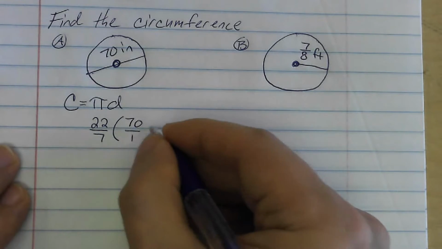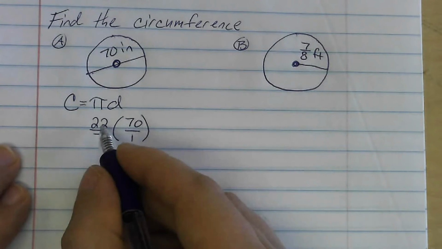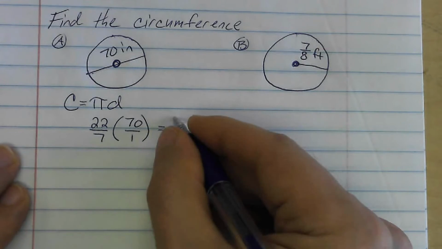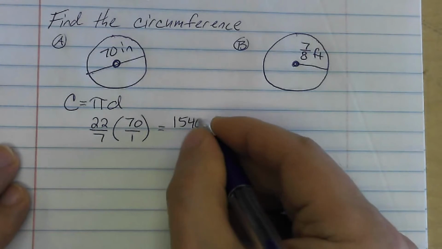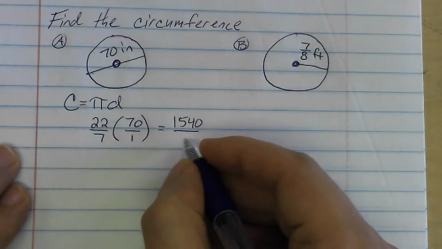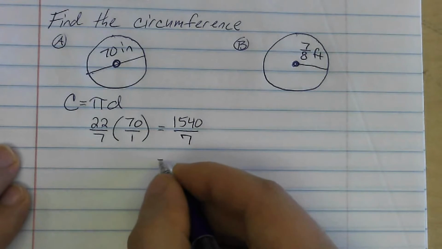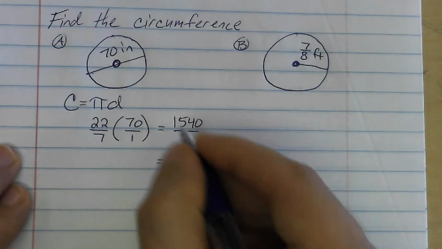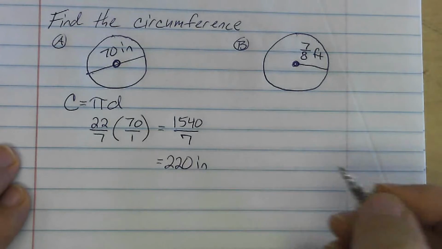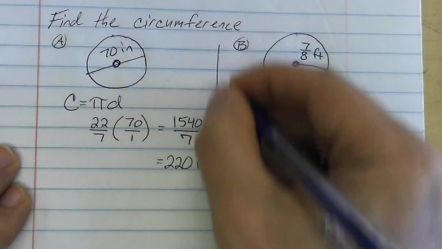We make this a fraction by putting it over 1, and then we multiply. 22 times 70 is going to be 1,540, and 1 times 7 is 7. 1,540 divided by 7 is going to equal 220, and the units were inches, so this is going to be 220 inches. Hopefully you did well on that.